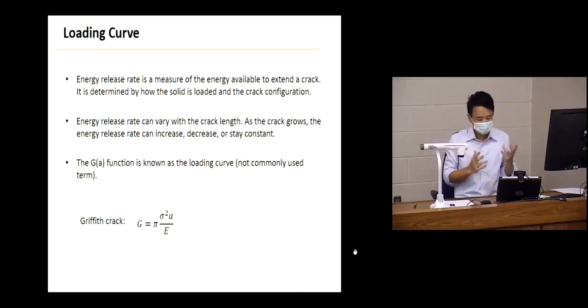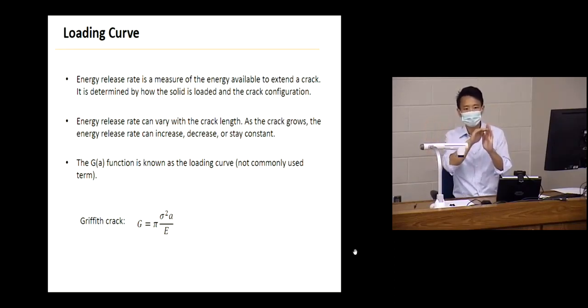Now, the energy release rate can change with crack length, right? As the crack grows, the crack length is increasing, so we want to see whether the energy release rate is increasing, decreasing, or constant. Because if we know how it depends on the crack length, we know what is going to happen afterwards.